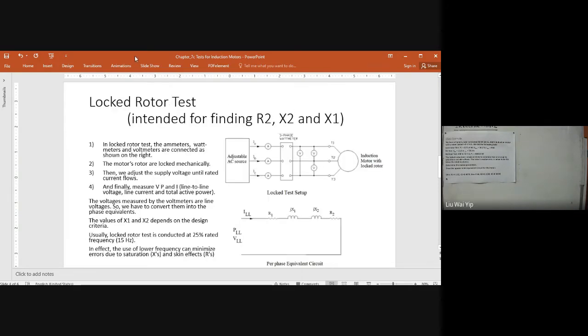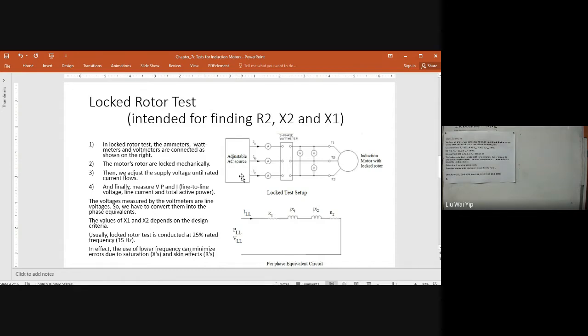The second test that we are going to look at is the locked rotor test. The locked rotor test is very similar to the so-called short circuit test. What you need to do is reduce the adjustable AC voltage by lowering the voltage magnitude and also the frequency.